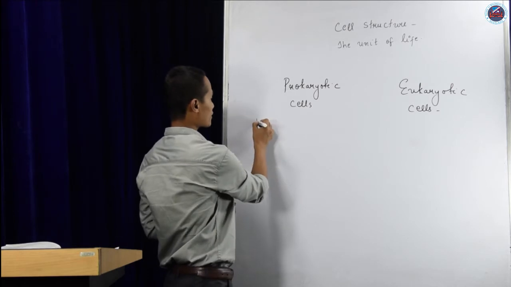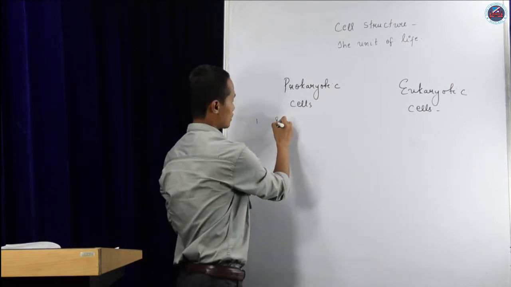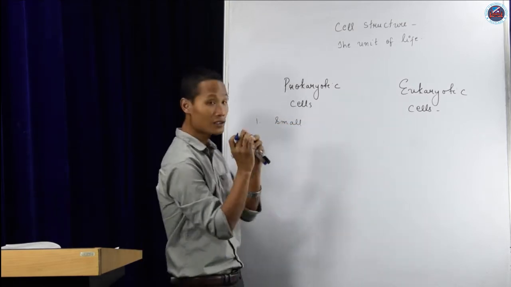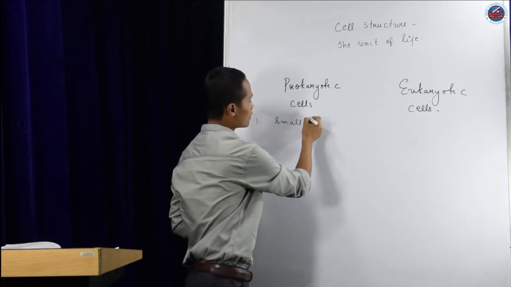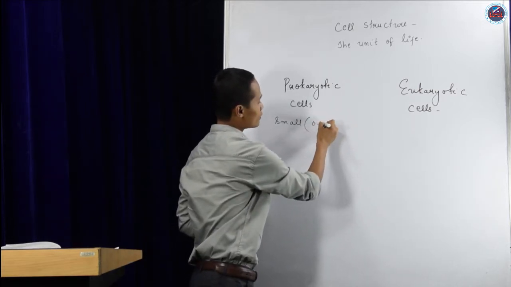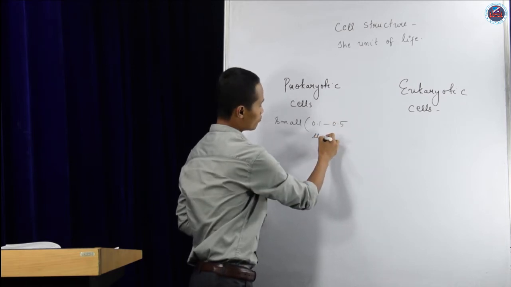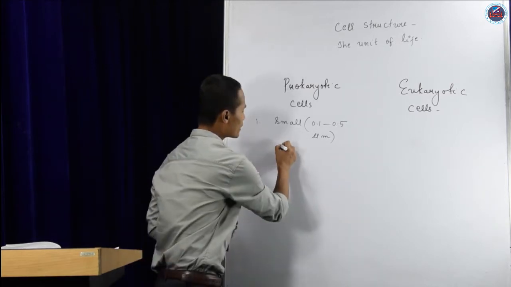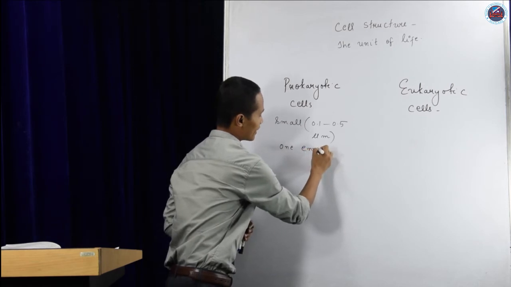Point number one, the size of the cell. In prokaryotes it will be small as compared to eukaryotic cells, usually around 0.1 to 0.5 micrometer, and there will be only one envelope organization.